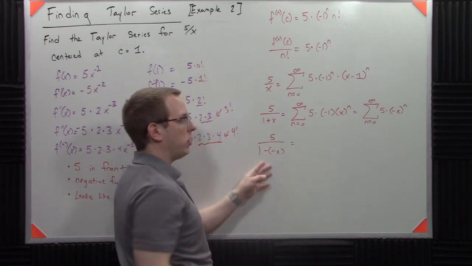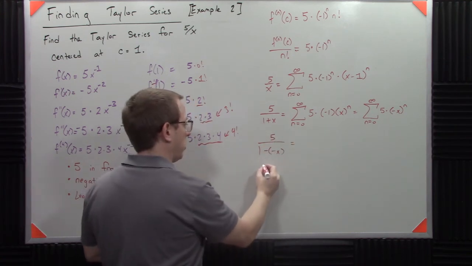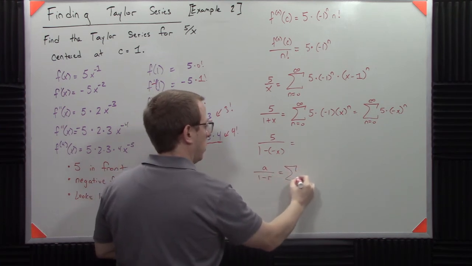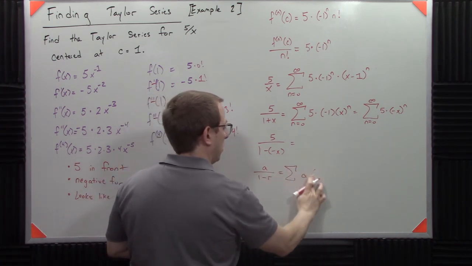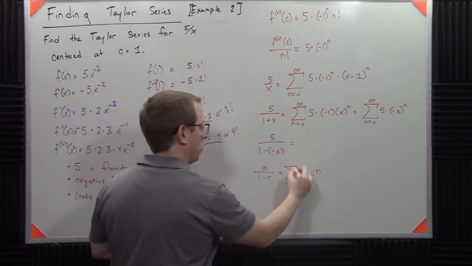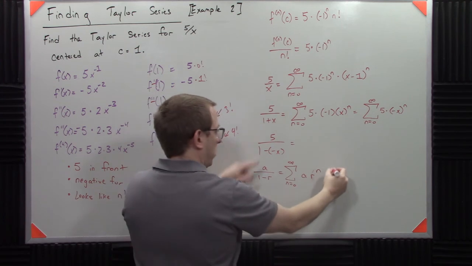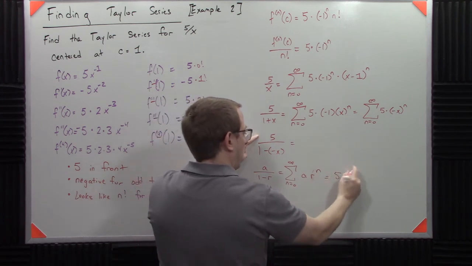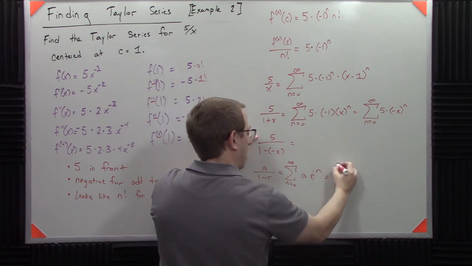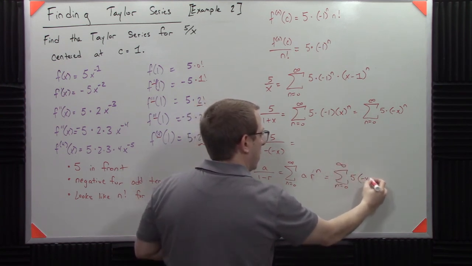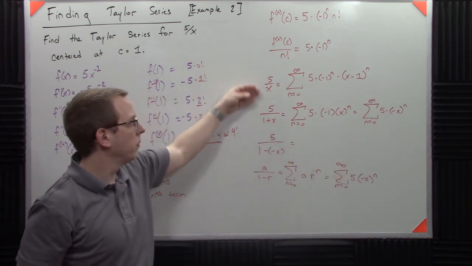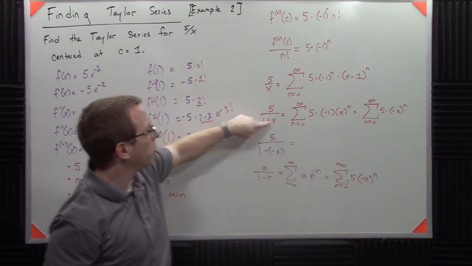And I know what the geometric series looks like, because the geometric series of a over 1 minus r is a times r to the n, n equals 0 to infinity. So that's just 5 times negative x to the n, which is what we had here, right? It's the same idea, because I replace x with 1 plus x.